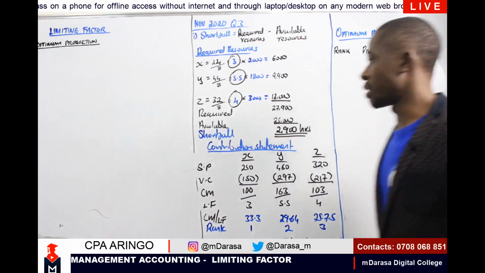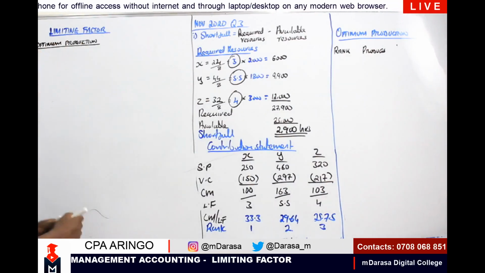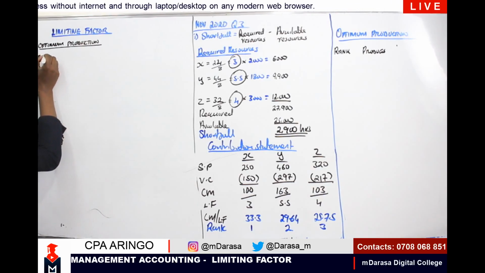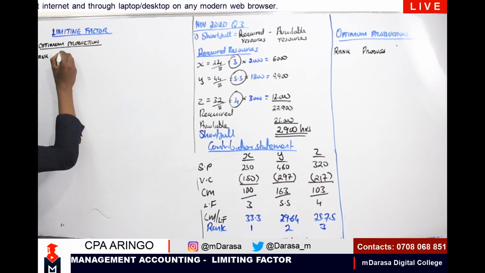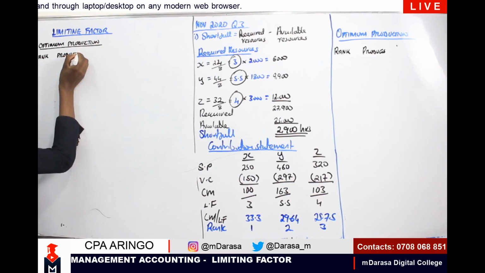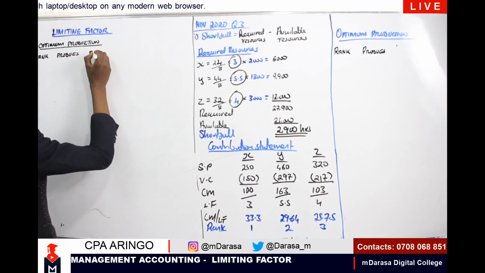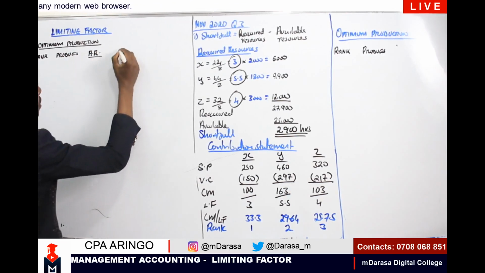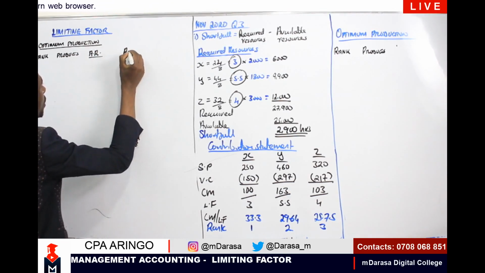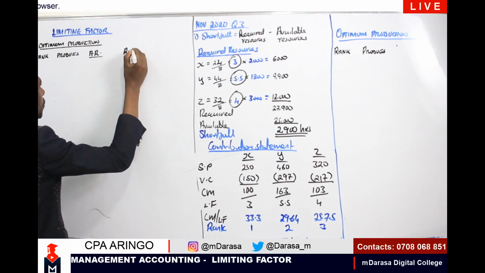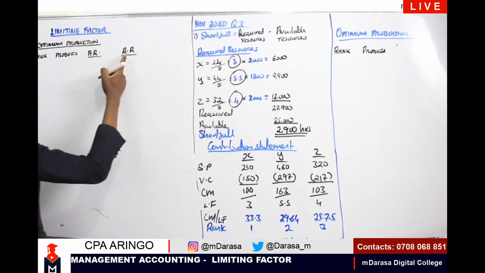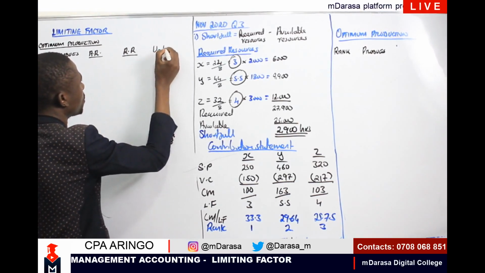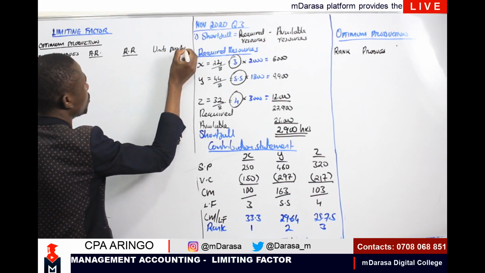I'm having the same case where we are going to consider our rank, products, available resources. AR stands for available resources, required resources. RR stands for required resources, and then our units produced.